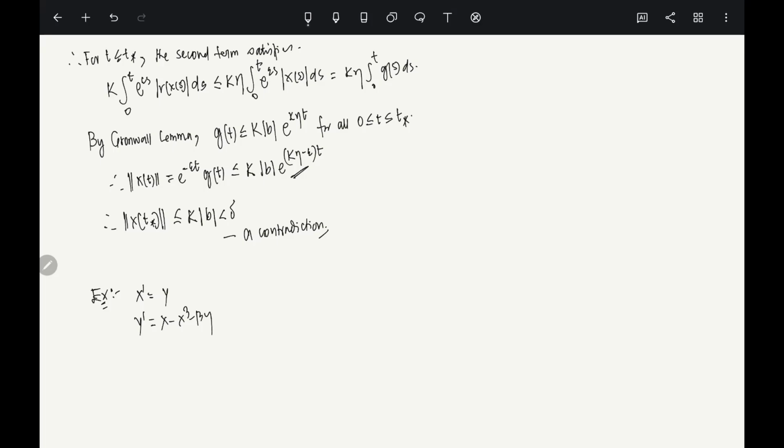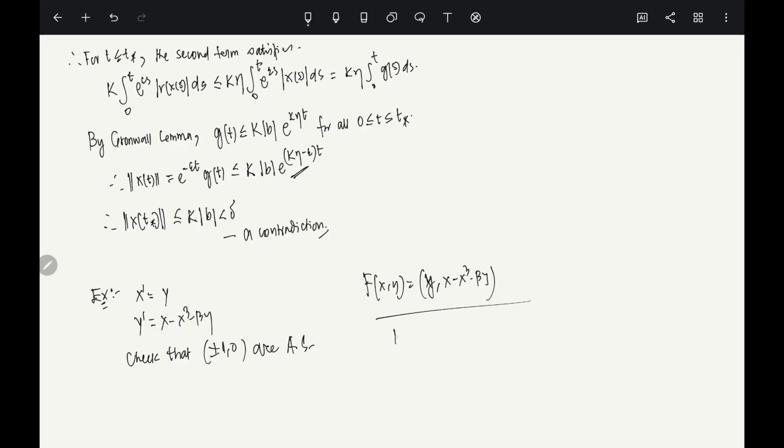What we need to do is check that plus minus 1, 0 are asymptotically stable, so the system is asymptotically stable near these points. Please check this. What is f of x, y in this case? It is y and x minus x cube minus beta y.